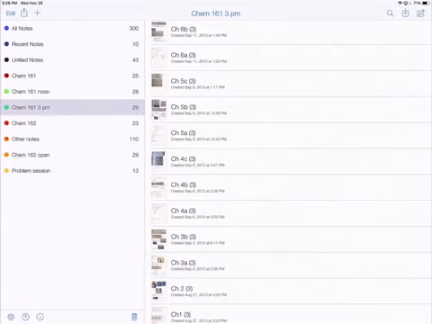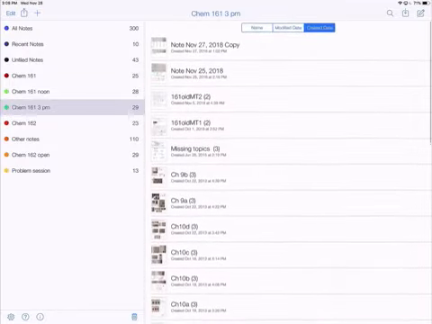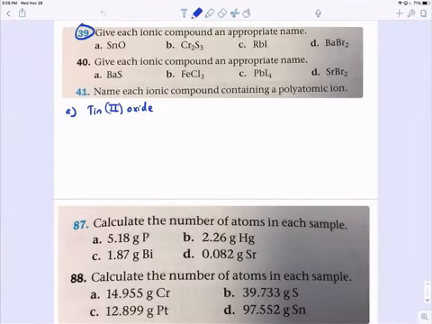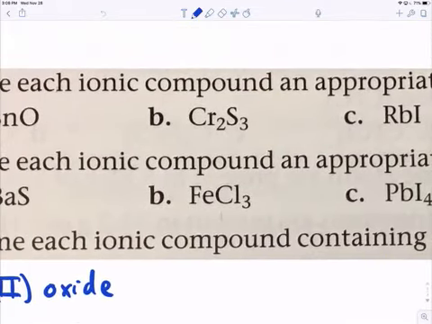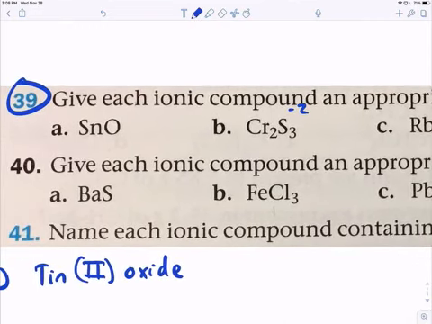So it's tin(II) oxide. Now the way you balance charges here, sulfur is right underneath oxygen. It tends to be -2.